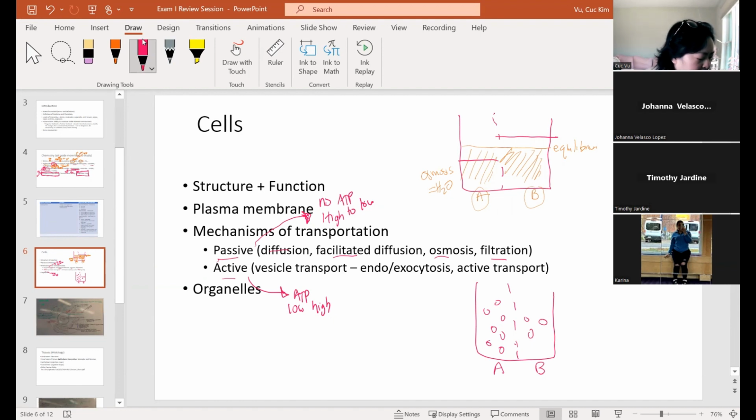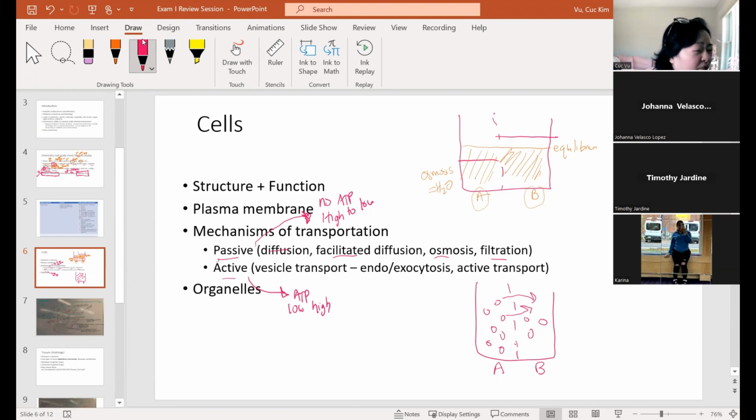From high concentration to low concentration? Yep, so from A to B. So will every single particle in A move over to B? Nope. Only until you reach what? The equilibrium. Yes. So this one's going to move over and this one's going to move over.